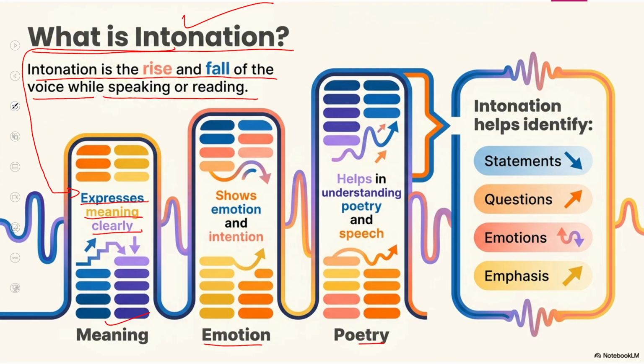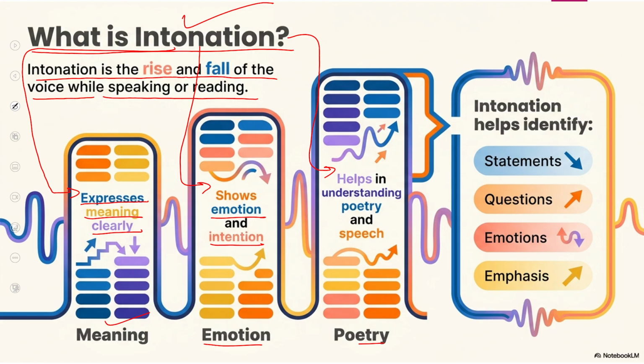Intonation is a factor which is very useful for understanding the meaning with clarity, right? Intonation shows emotions and intentions. This is the second purpose, and the second advantage of understanding intonation.